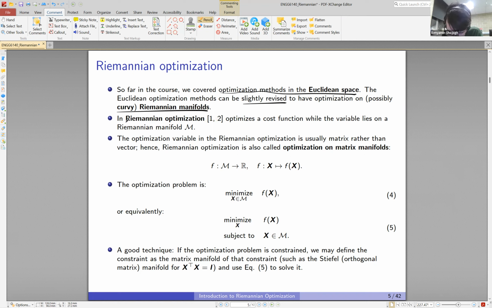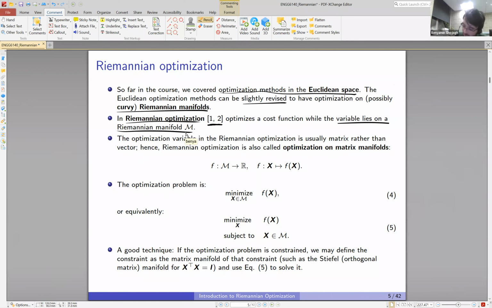In Riemannian optimization, you can take a look at references 1 and 2, which are the books in this field. It optimizes a cost function while the variable lies on a Riemannian manifold M. So the variable is on the manifold; it belongs to the manifold, rather than belonging to the Euclidean space.